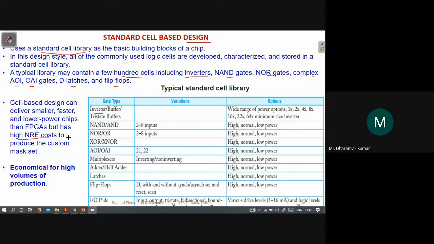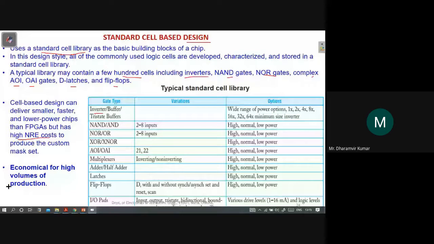Without NRE you cannot set up the thing, but although it is non-recurring, it adds cost and makes the cost higher for producing the custom mask set.